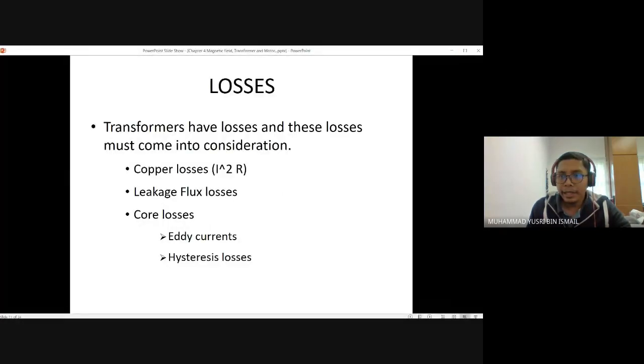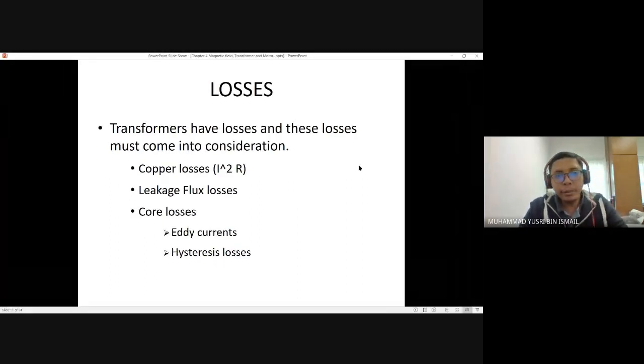However, in a real world situation, a transformer will have a few types of losses. The first one is the loss from the material itself, which is the copper losses.